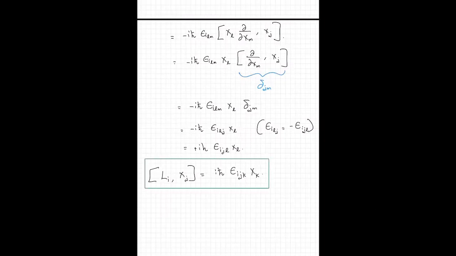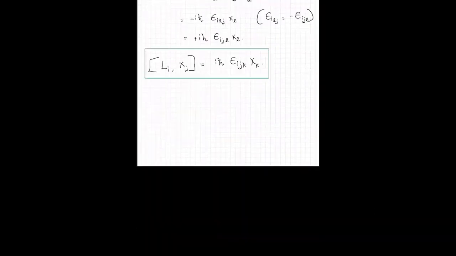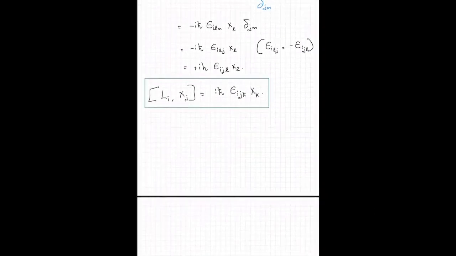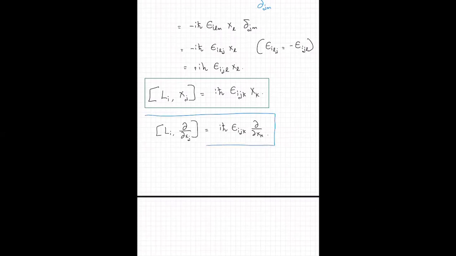And if you follow these exact same steps and compute the commutator of Li with d/dxj, you would actually find that this is equal to i h bar epsilon ijk d/dxk. I'll box this in blue, which means you have to verify this equation. Take it as an assignment.